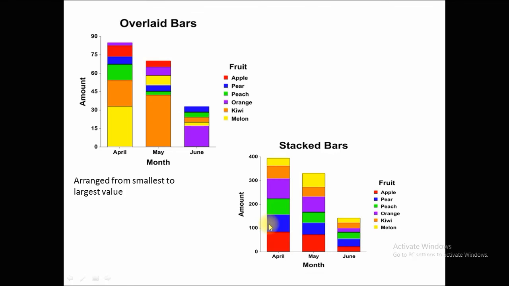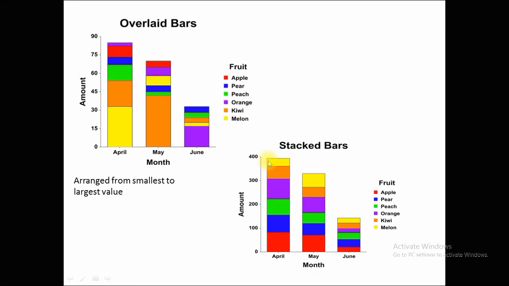we notice that the smallest sold value for a fruit is melon, which has a sold value of 33. So from this point to this point we count the melon sold value, which is 33. It does not mean that from 0 to this value represents the melon value.